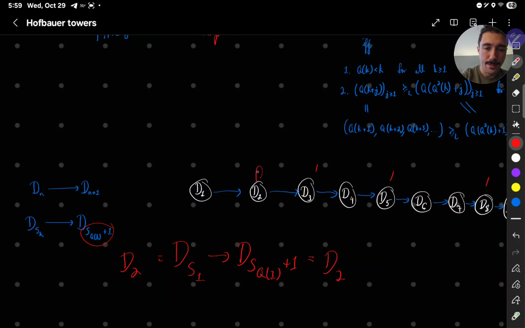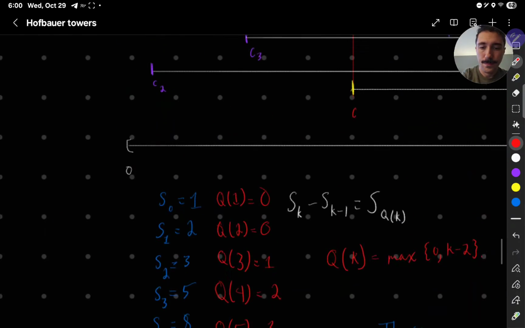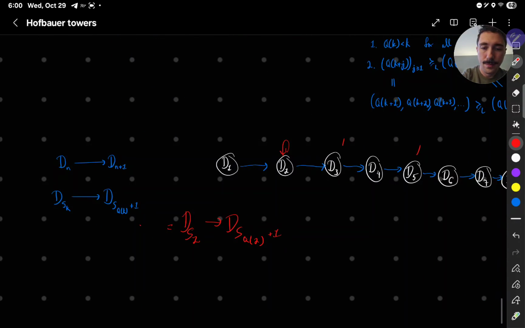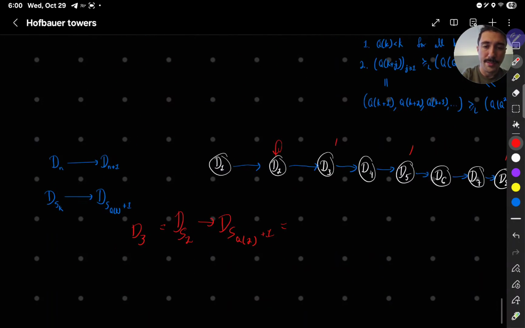Just for taste reasons, I'm going to draw it backwards so we're descending. What do I have for k equals 2? D_{S2} goes to D_{S_{q2}+1}. But S2 is 3, so D3. And q2 is 0 again, so we must go to the same place that we went last time, which was D2. So D3 goes to D2.